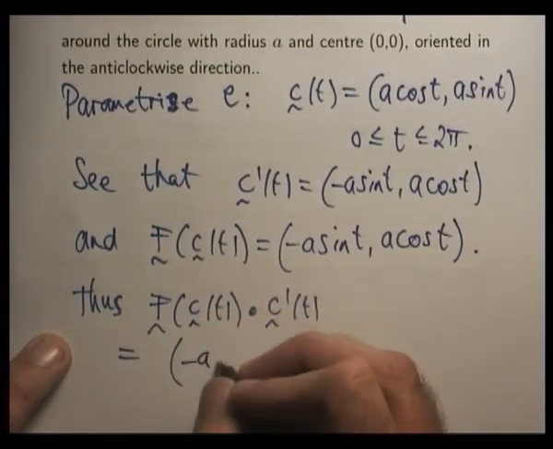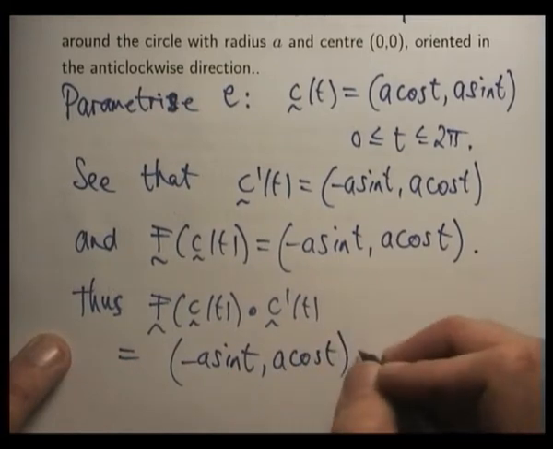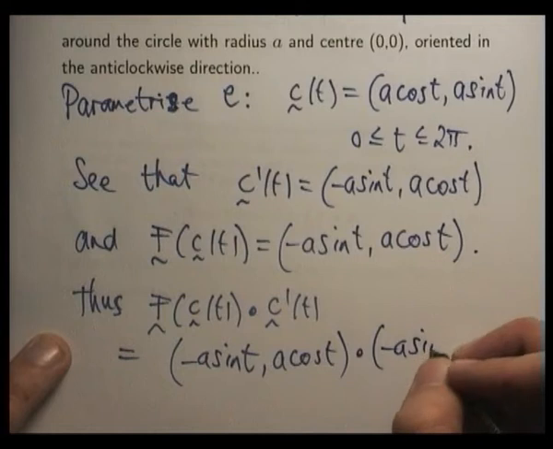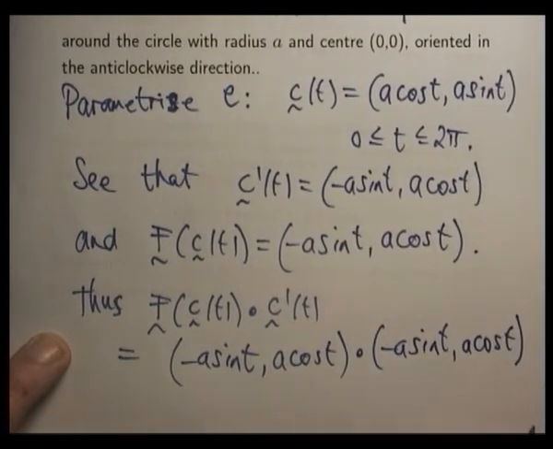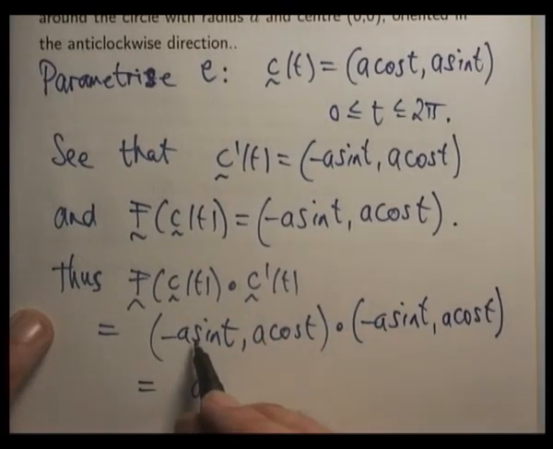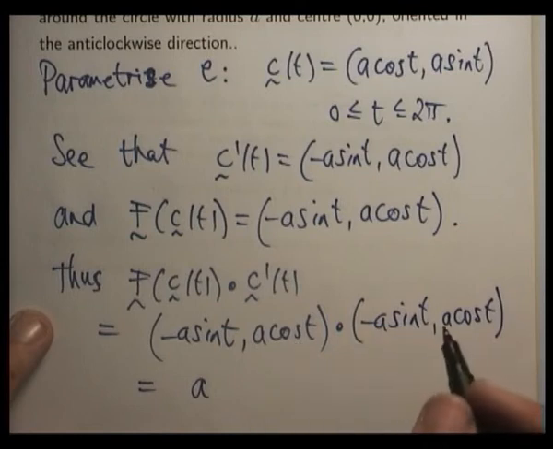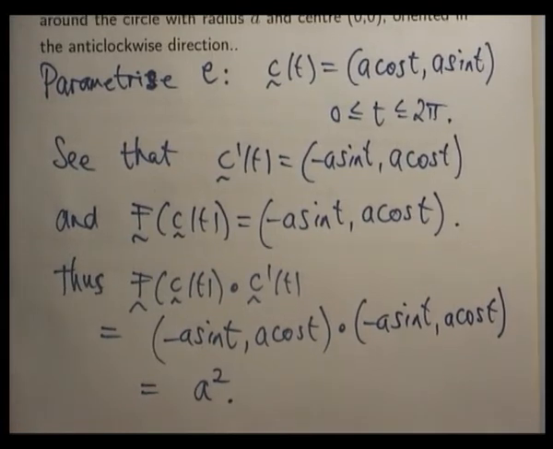So what have we got here? Yes, a squared. In this case, it's going to break down to a squared sine squared t plus a squared cos squared t, which is just a squared. Now, again, a is a constant here. It is rare that you will get this nice simplification. The dot product is a constant.